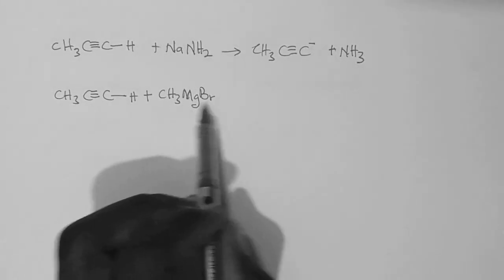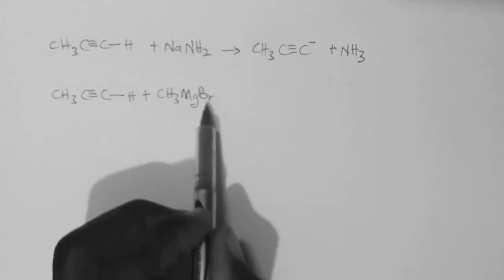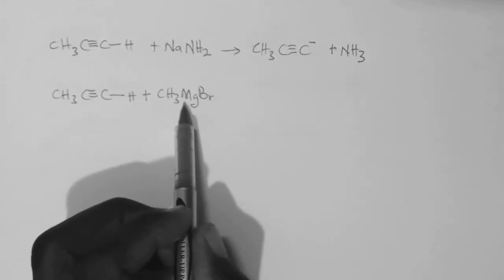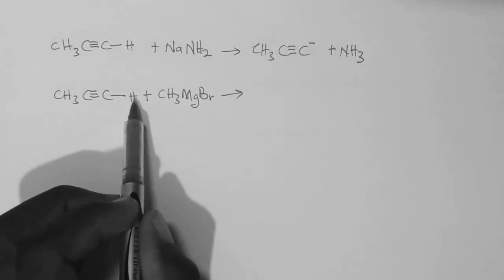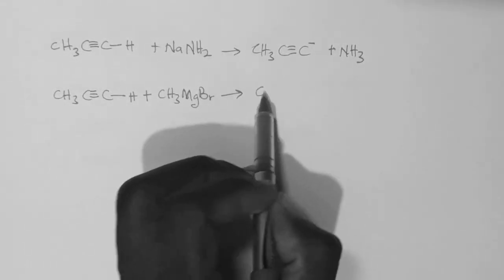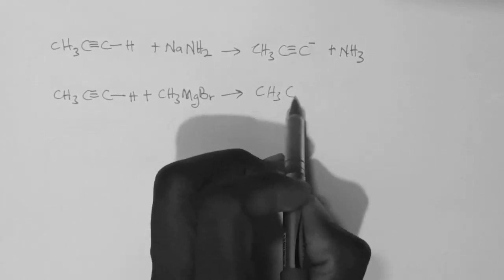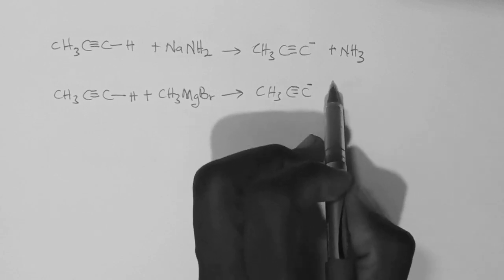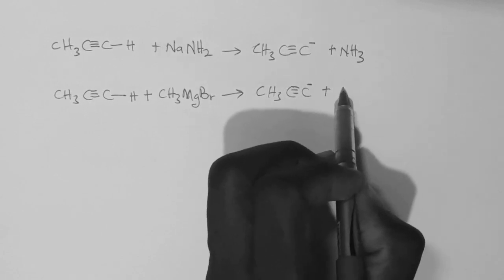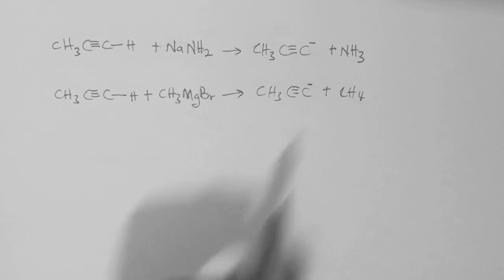In the case of the Grignard reagent, this is also a very strong base. So the terminal alkyne will easily lose this proton to give the carbanion, and CH3 releases CH4 in solution.